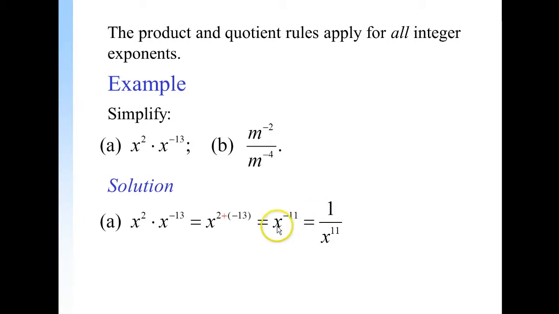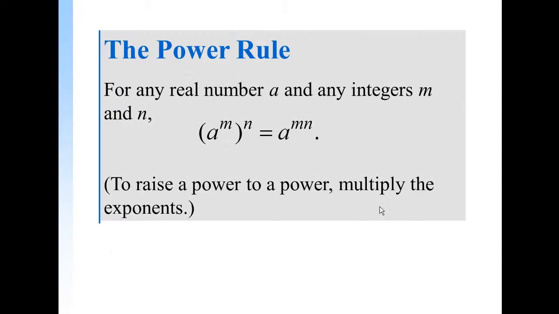Okay, they showed you the negative exponent part and the positive exponent part of letter A. And then this is letter B. Now here they're changing things a little bit. And they're saying for any real number A and its integers, M and N, what do we do here? Well, this is called raising a power to a power.